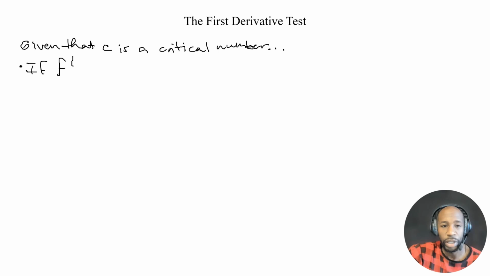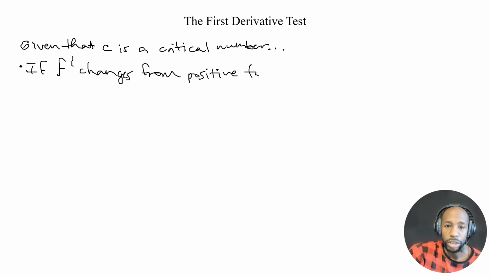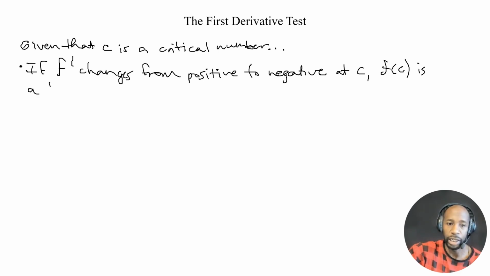So given that you have a critical number c, there are three cases. If f prime, in other words, if the derivative changes from positive to negative at c, then the function at that point is a local maximum.